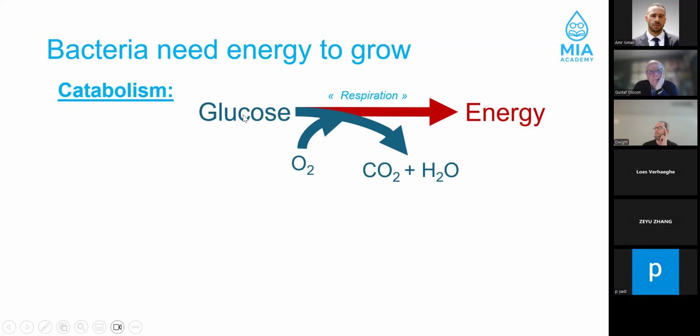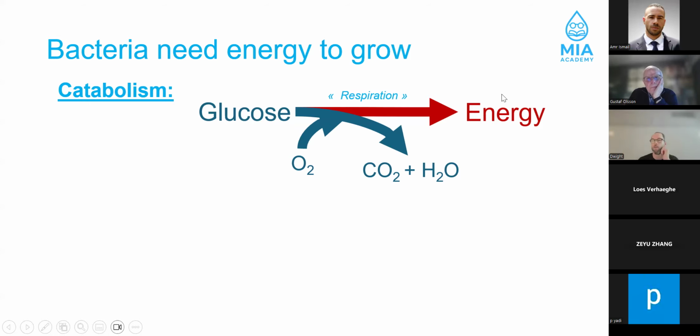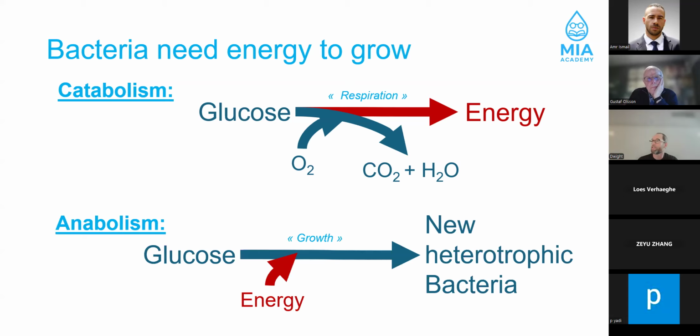And so bacteria are going to basically burn this glucose using oxygen or some other electron acceptor to produce carbon dioxide and water. And in the process, they're going to release energy, and they need that energy to grow. So energy, we can think of ATP as the energy carrier, or we can just think of energy in general. So what do they do with that energy then?